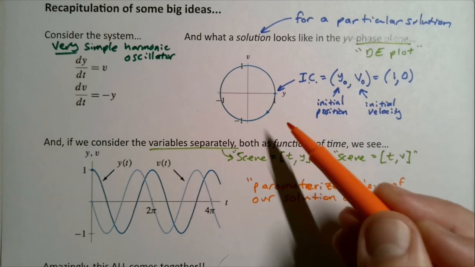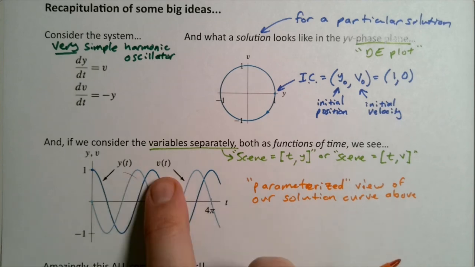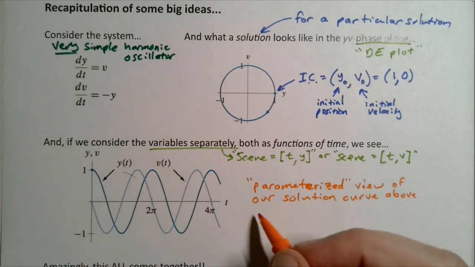So the solution curve up here, when you take a look at each one of its component parts, the position and the velocity, looks like this. And so what we're seeing are the y of t and the v of t. They're both the dependent variables, graphed versus the independent variable.